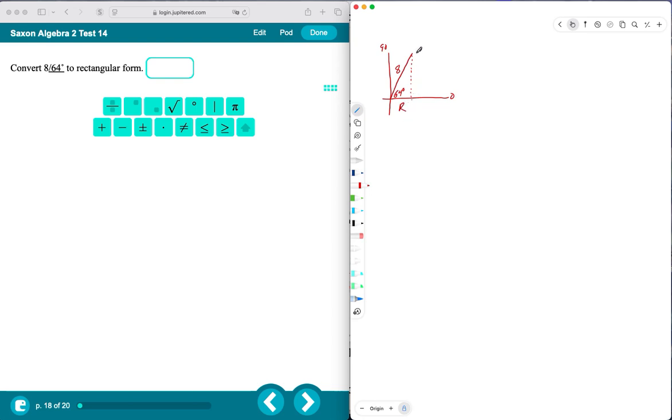Towards the positive side of the y-axis, so it's a positive u. So all we have to do is multiply the hypotenuse times the cosine of the angle to find the r term, and the hypotenuse times the sine of the angle to find the u term.